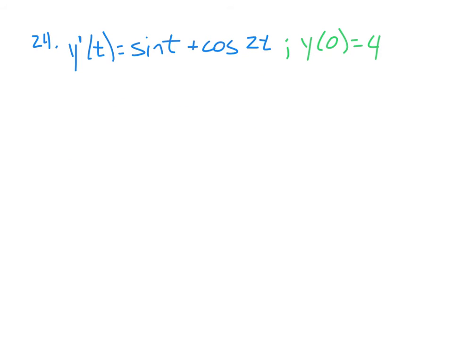All right, so I'm going to do one initial value problem here. And you treat it the same way at the beginning. We do need to get from y prime here to y, and we're going to do that using the same method as we just did. So we're going to integrate both sides.